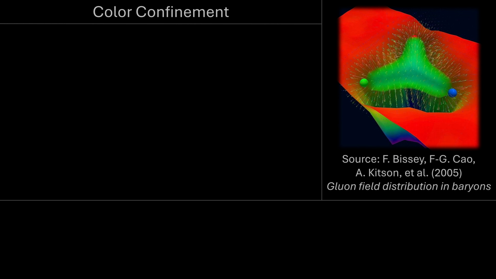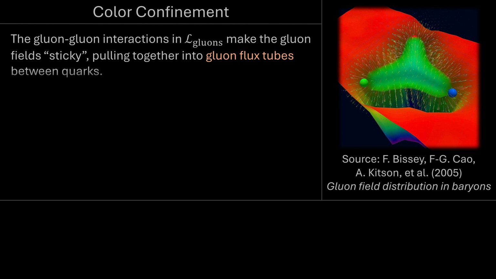Speaking of those gluon-gluon interactions, those are actually the cause of the mysterious phenomenon of color confinement. See, the way that it works is that the gluon-gluon interactions in the gluon part of the Lagrangian are going to make the gluon fields kind of sticky. And so the gluon fields are going to have a tendency to pull together into gluon flux tubes between the quarks.